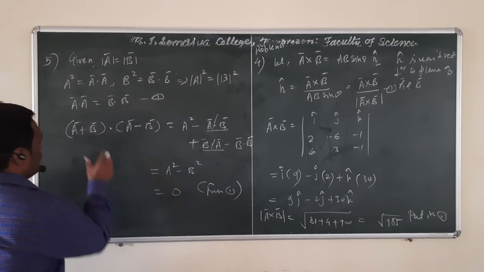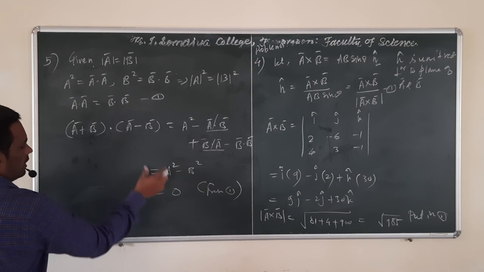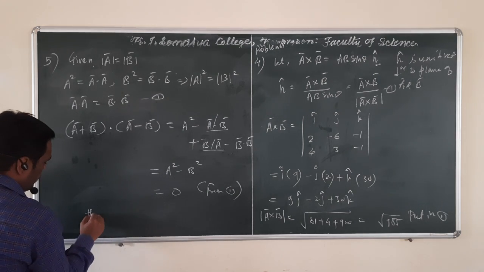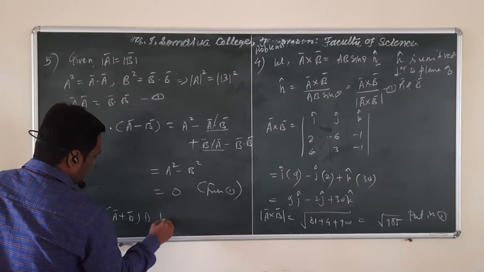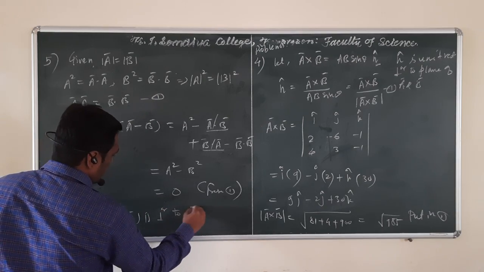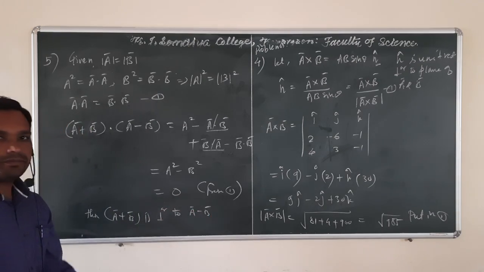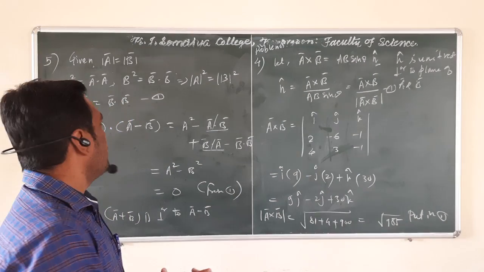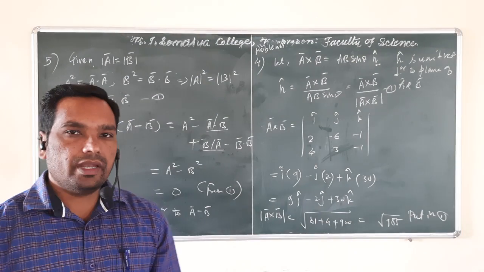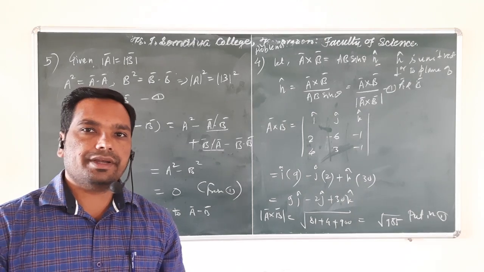And if vector A plus B dotted with vector A minus B is equal to 0, then vector A plus B is perpendicular to vector A minus B. Okay, with this we finish problem number 5. Remaining problems we will see in our next lecture. Thank you.